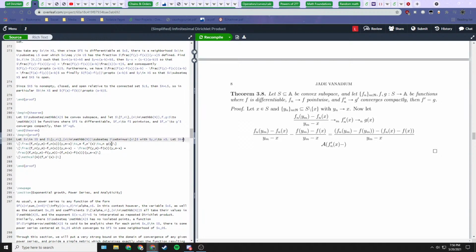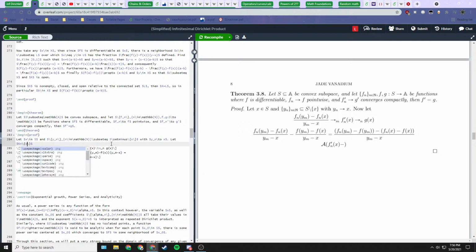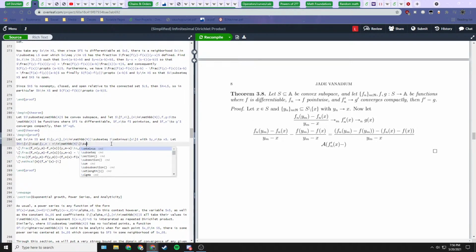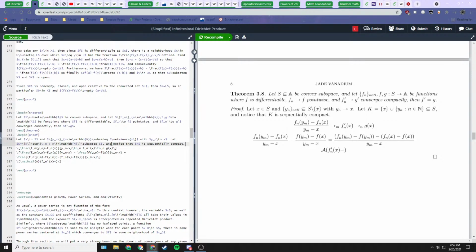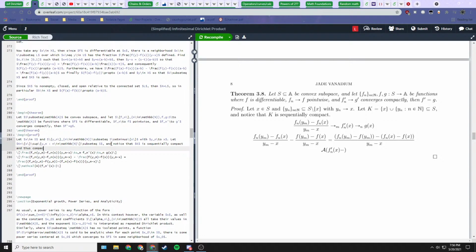Let K be the set of X union the set of Y sub n, which is a subset of S. K is sequentially compact and thus compact.